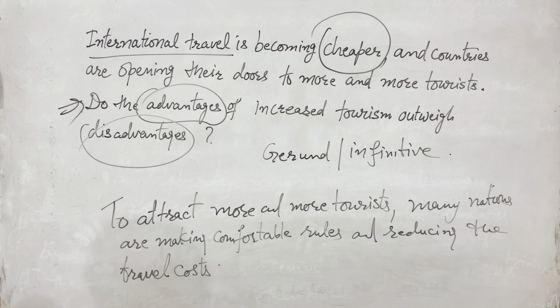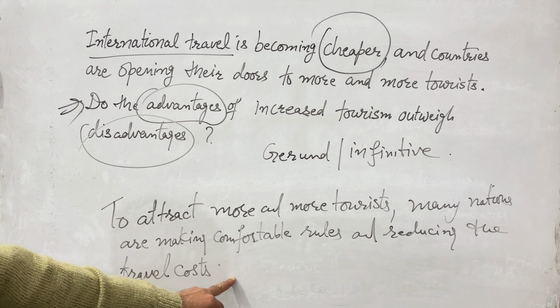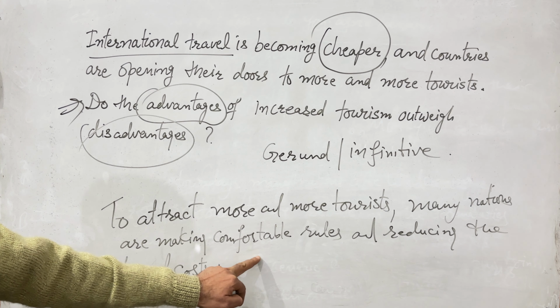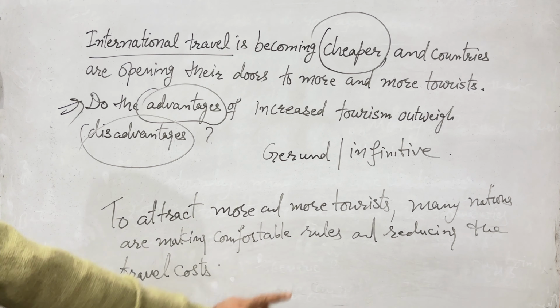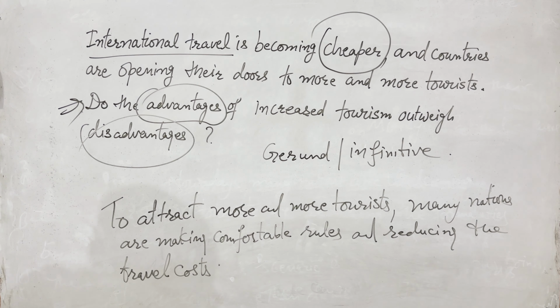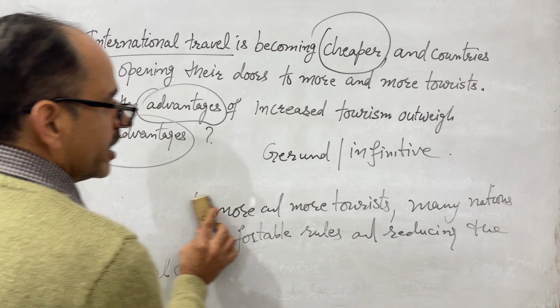This proposal has both advantages and disadvantages. Yeah, this proposal has more advantages than disadvantages. Okay, another sentence.